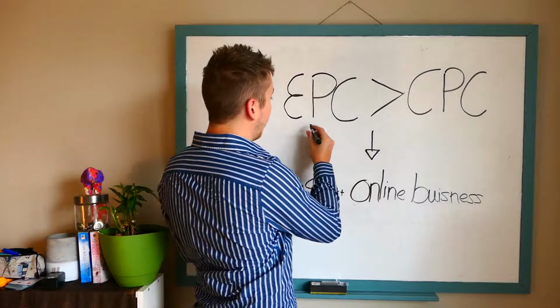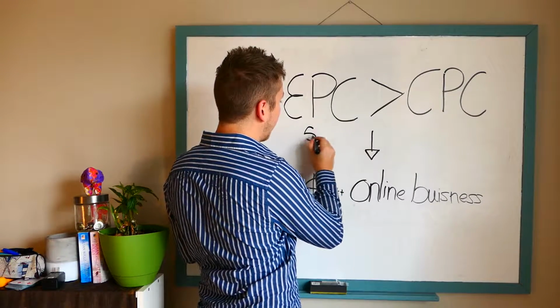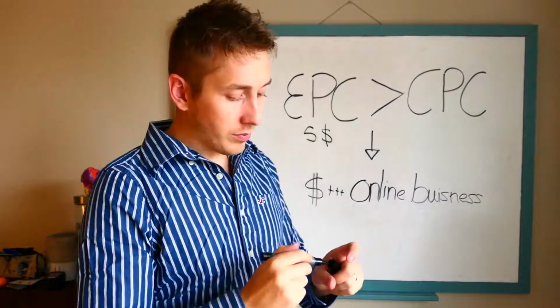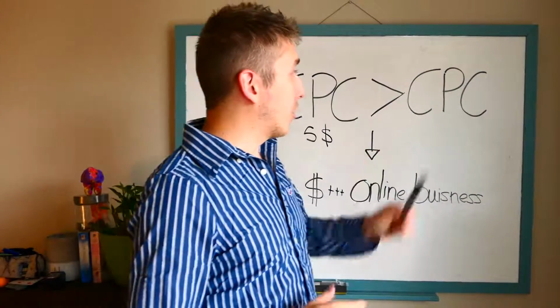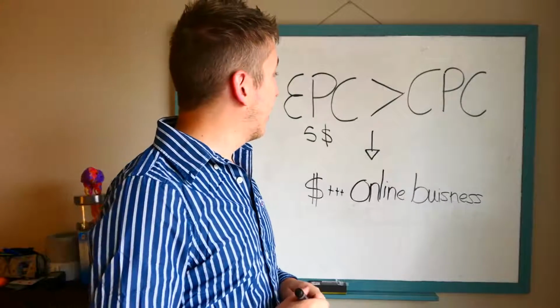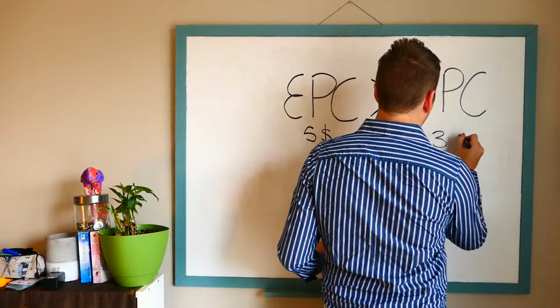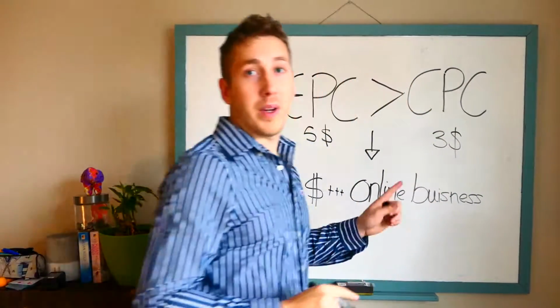The earn per click is the amount you earn. So let's say you earn $5 per click, and let's say that your cost per click is $3.